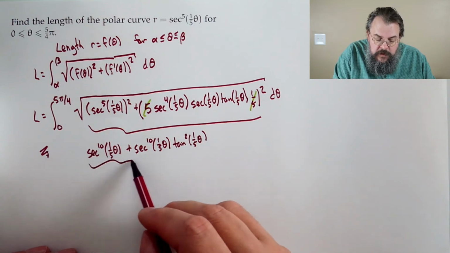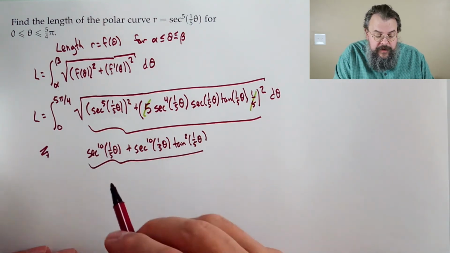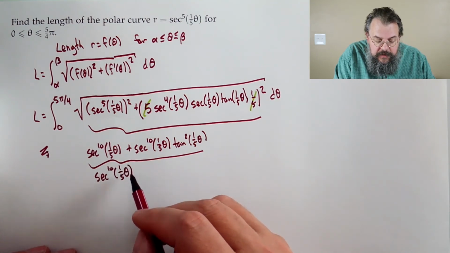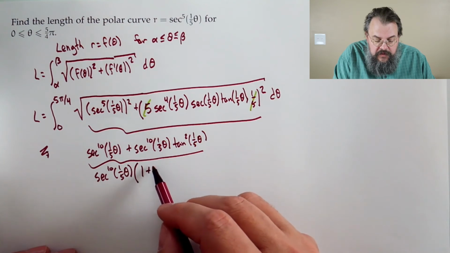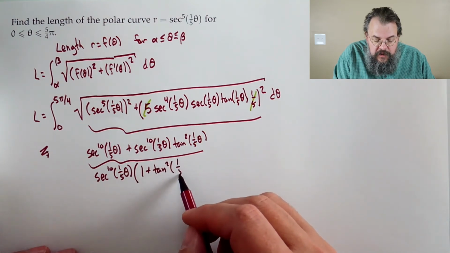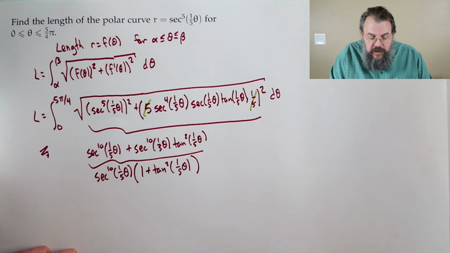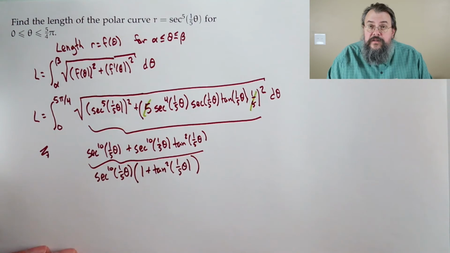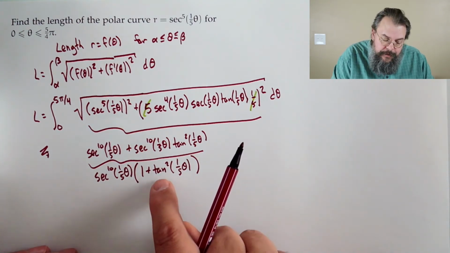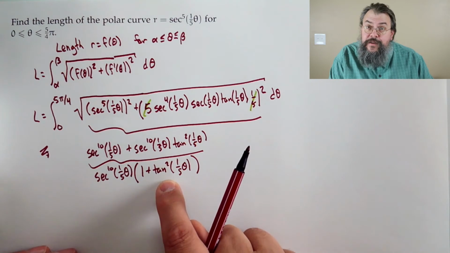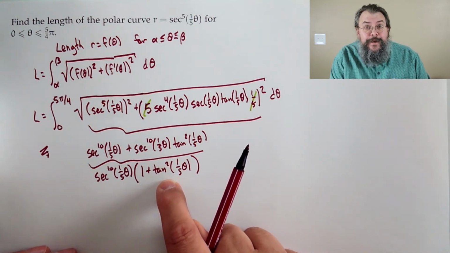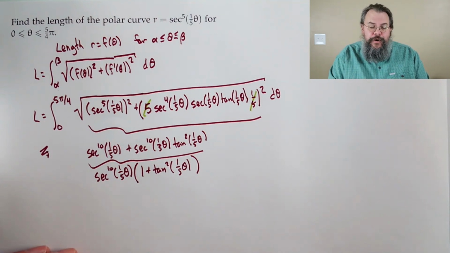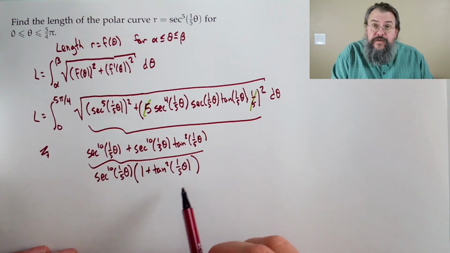Well, we can pull out the secant term, right? Because that's common. And what do we see? We see secant to the 10th of 1/5 theta times 1 plus tangent squared of 1/5 theta. That's inside the square root, so we'd really not like to have that. Can we simplify? Yes, we can, because we have our identity: 1 plus tangent squared is secant squared.